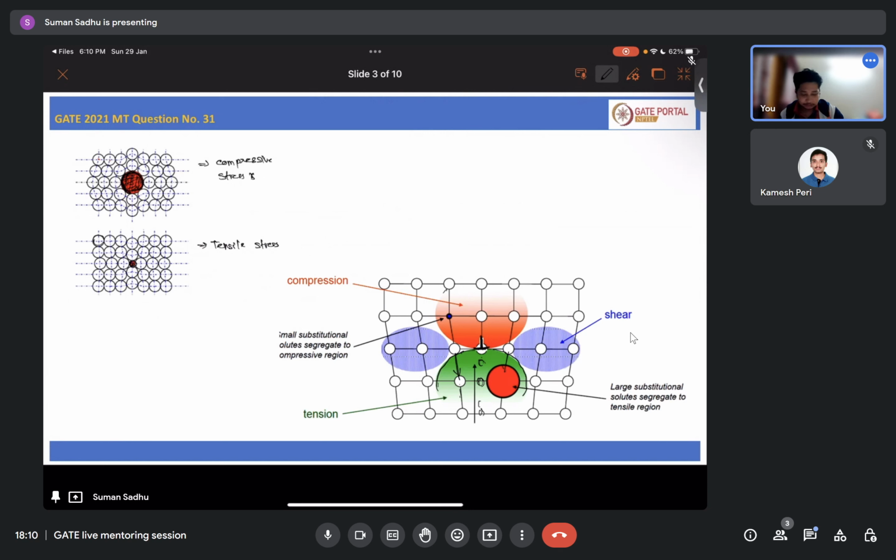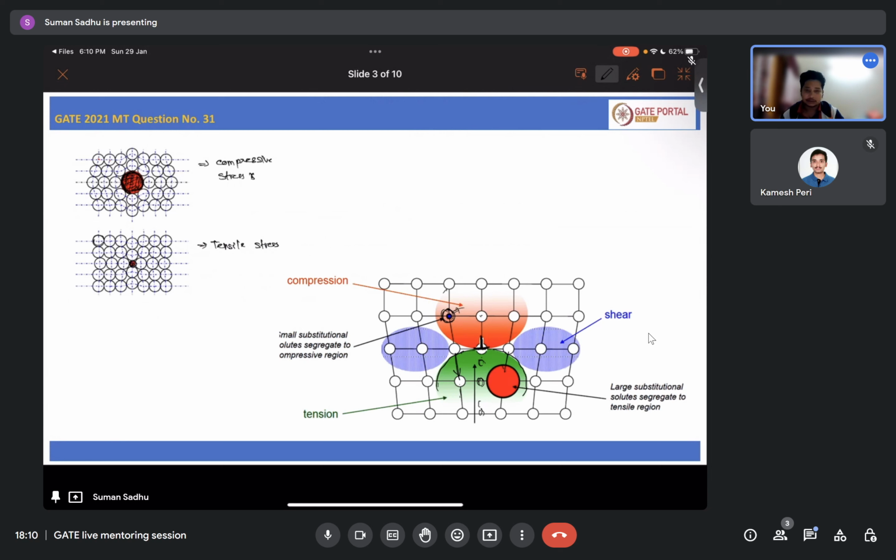Similarly, if you put a small substitutional atom, in this case this one, the atoms surrounding it are in tensile stress. So this atom will try to go to a location where the atoms are in compression. If this atom goes to the top half, relaxation of the matrix will also occur.